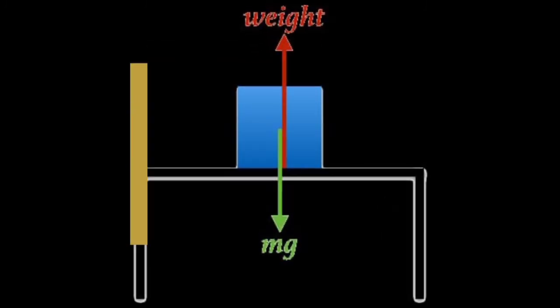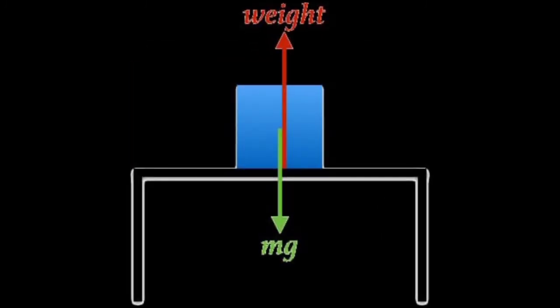Next topic is weight. The weight of an object is the force with which the object is attracted towards the center of the earth. The weight depends on the mass of the object and acceleration due to gravity. That means weight depends on m and g.